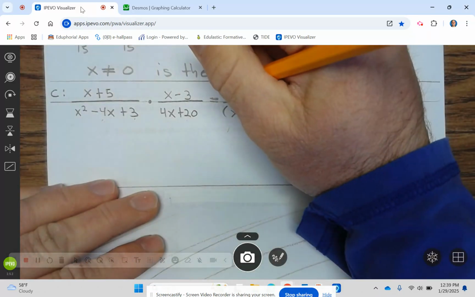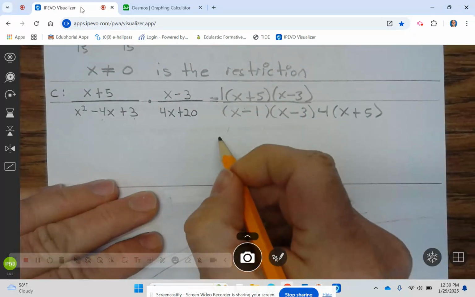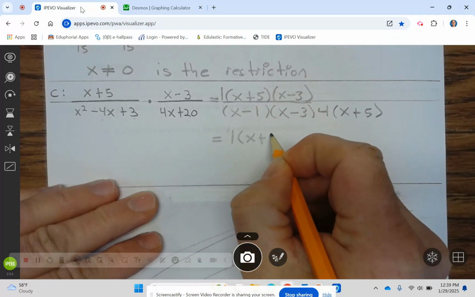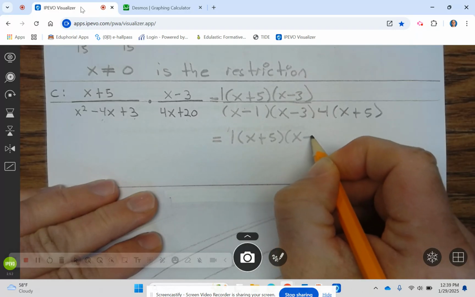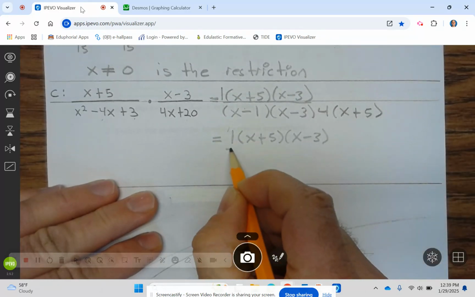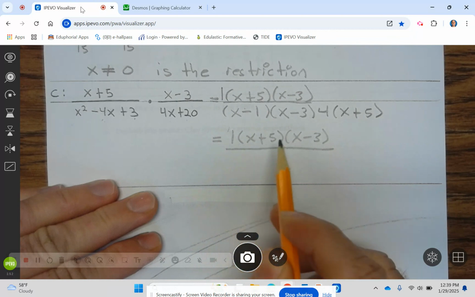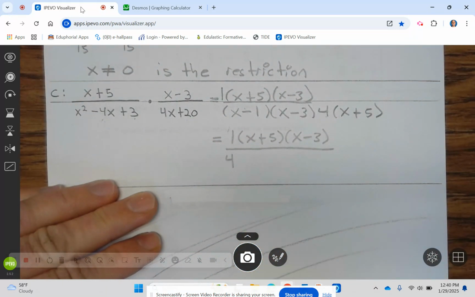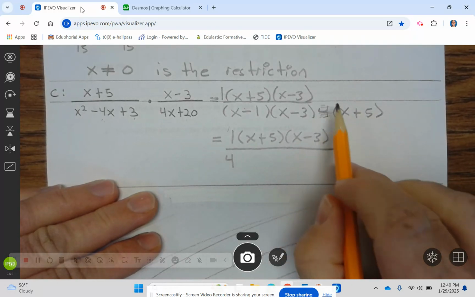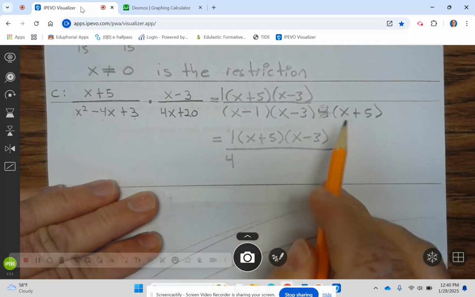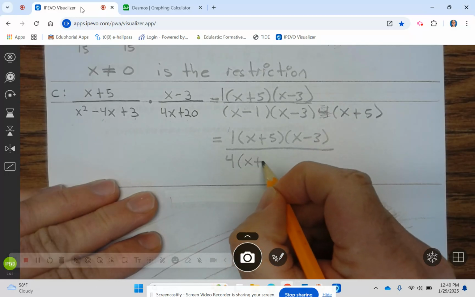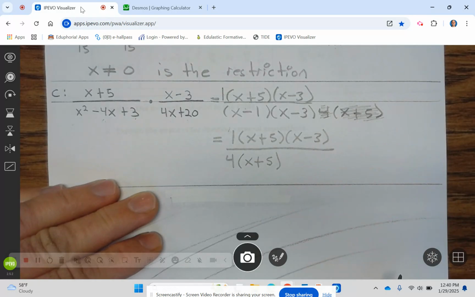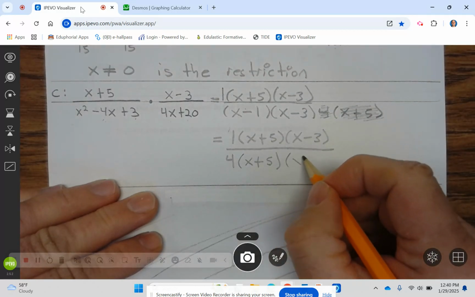Let's go ahead and put a 1 in front of the parentheses here. So then that equals 1 parentheses x plus 5, x minus 3, divided by, so I'm going to go ahead and move the 4 to the front. That, and then the x plus 5. Done with that. I'm not canceling this, I'm just marking them out so I can see what I have left. And then I have x minus 3 left.